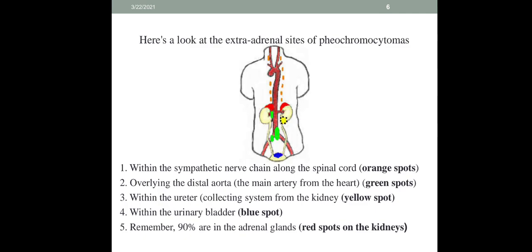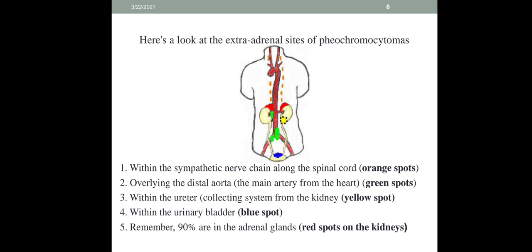Here we look at the extra-adrenal sites of pheochromocytoma. Number 1, within the sympathetic nerve chain along the spinal cord. Number 2, orange spots overlying the distal aorta, the main artery from the heart.